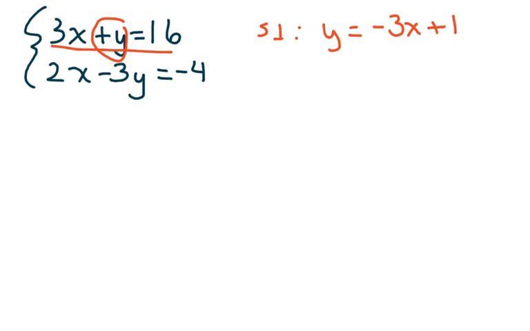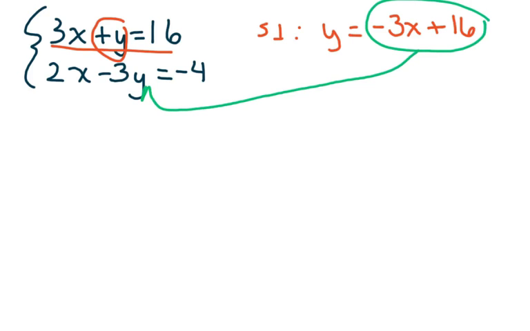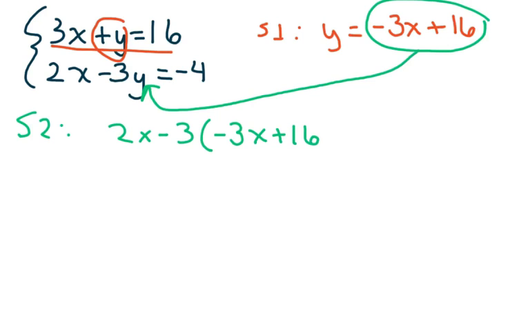Basically, you're subtracting 3x from both sides. Now I'm going to substitute for my y into my second equation. So that's step 2. So 2x minus 3 times negative 3x plus 16 equals negative 4. And this time we're solving for x.